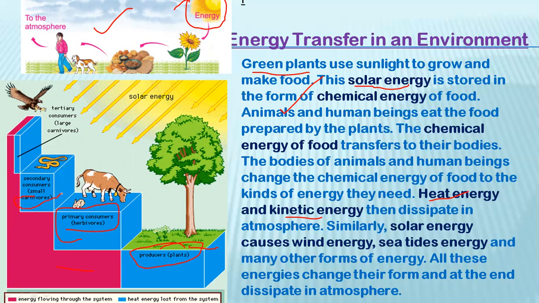Those are called carnivores, like snakes or lions, and then tertiary consumers eat them. So there is a change of energy from one form to another, from one level of life to another level. So yes, dear students, up to now, this is all of your chapter number 8, energy and its forms.